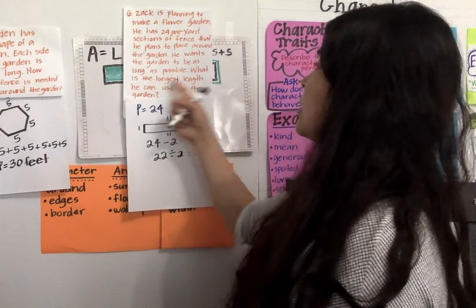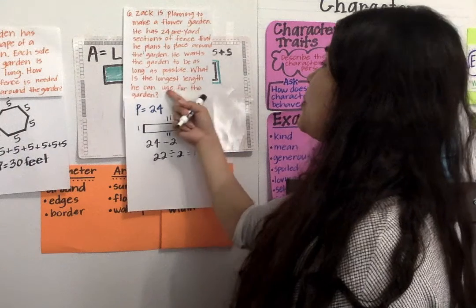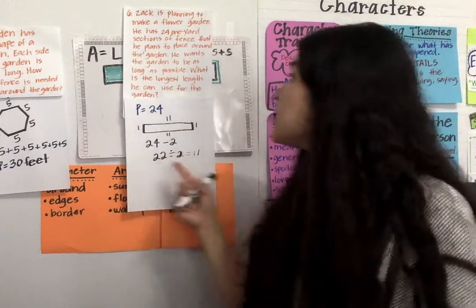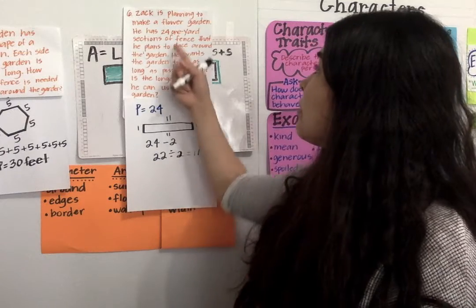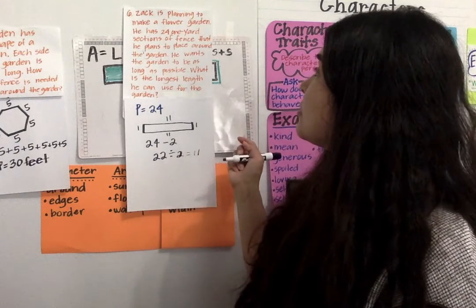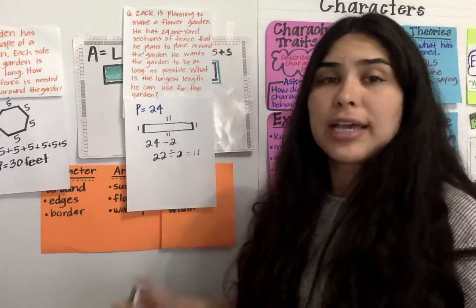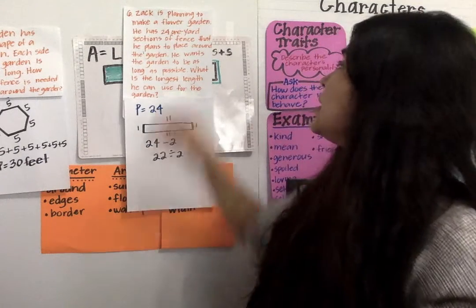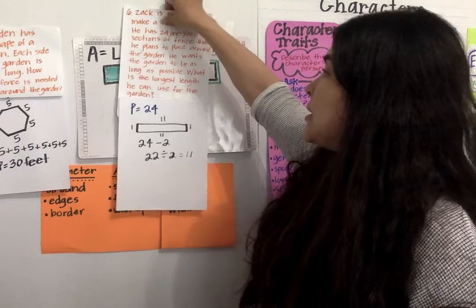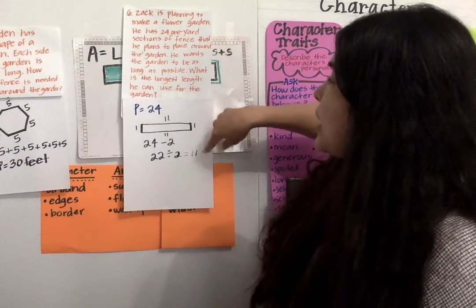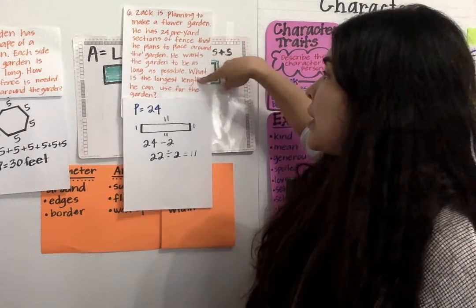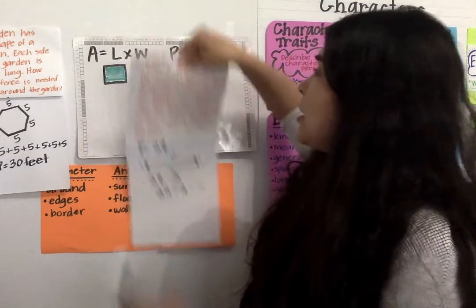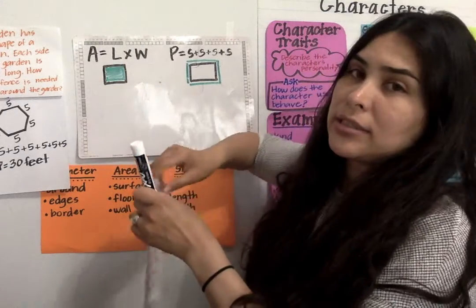Okay, so what is the longest length he can use for the garden? It is 11 yards, 11 one-yard sections. Okay, so that is this one. And right here, I was solving for the length, right? So length, we know, is one of the sides, right?